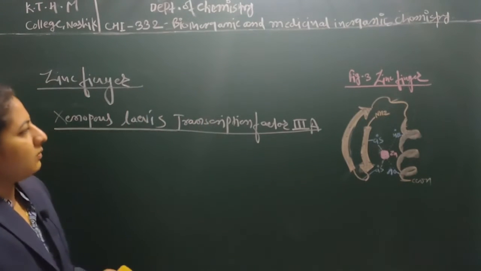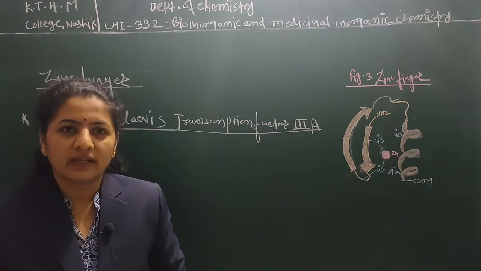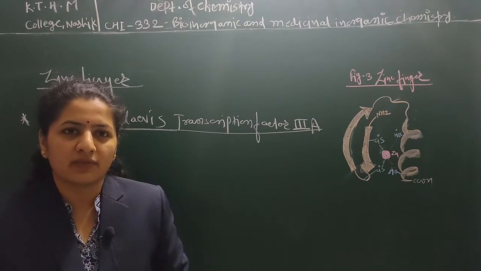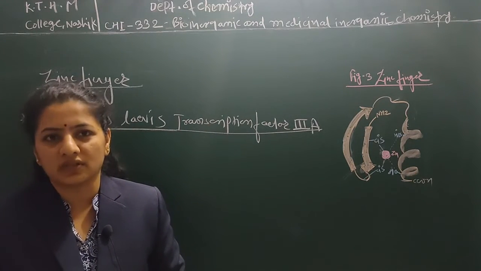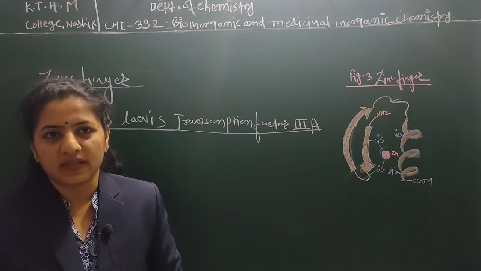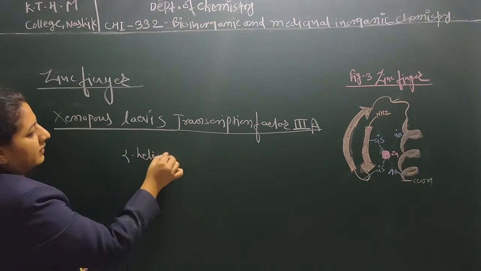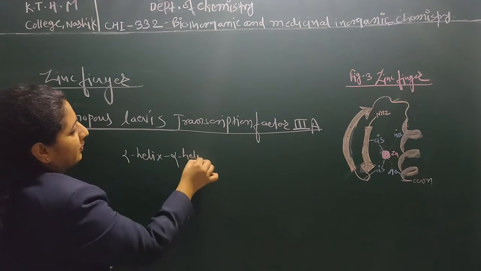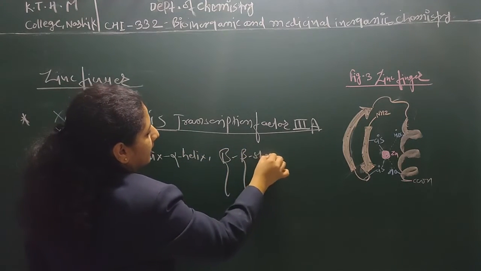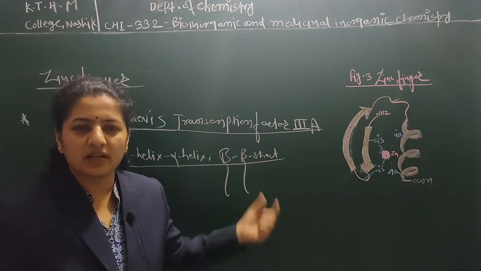So what is meant by zinc motifs? We know that peptides are made up of amino acids. The peptide is folded, and folding is most important from the structural perspective of proteins. This folding is of different types, like alpha helix with alpha helix and beta sheet with beta sheet, which are the secondary structures.